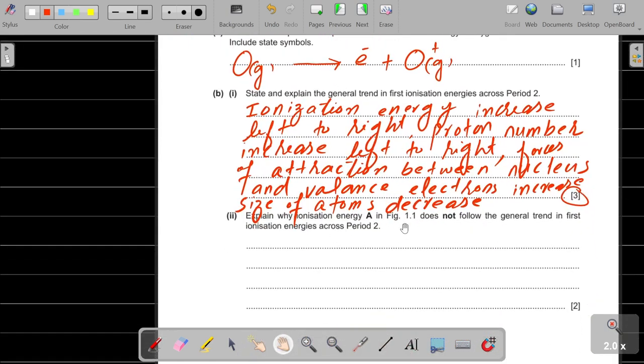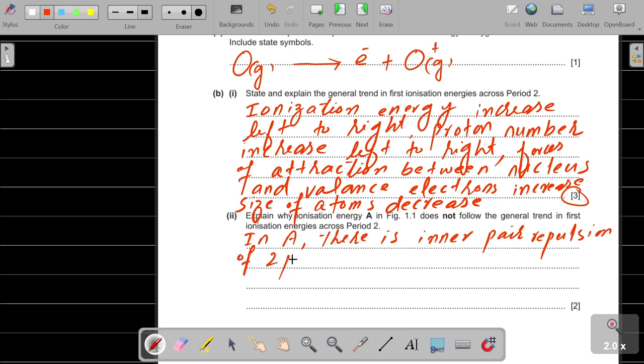Now, general trend: in A there is inner pair repulsion of 2px electrons.